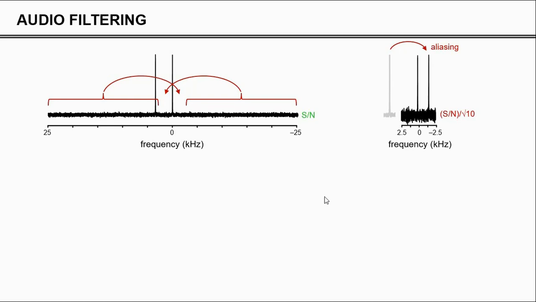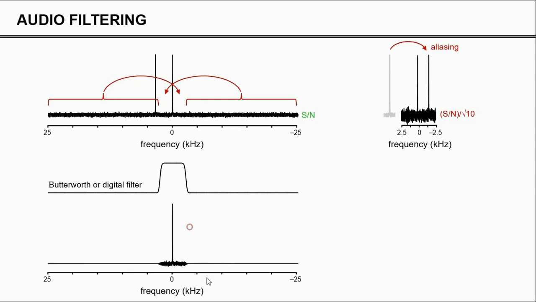In NMR we're often signal to noise limited, so we certainly do not want to give up signal to noise this easily. The solution to that is to apply a so-called audio filter. In an audio filter, you basically have intensity of 1 across the spectral width and 0 intensity elsewhere. That means that you multiply the noise with 0 and you multiply the spectrum with 1.